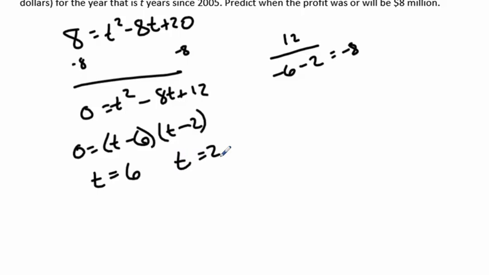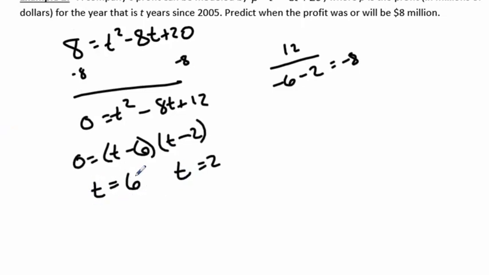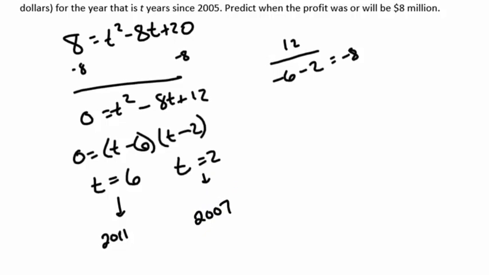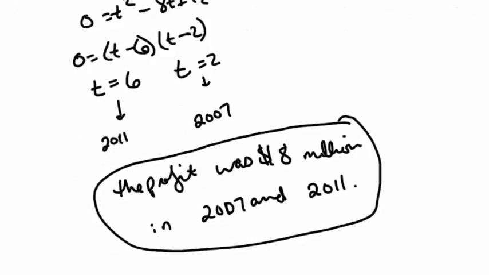Okay, so since I was starting at years since 2005, t equals 6 corresponds to 2011, and t equals 2 corresponds to 2007. So in both of those years, 2011 and 2007, the profit was 8 million.